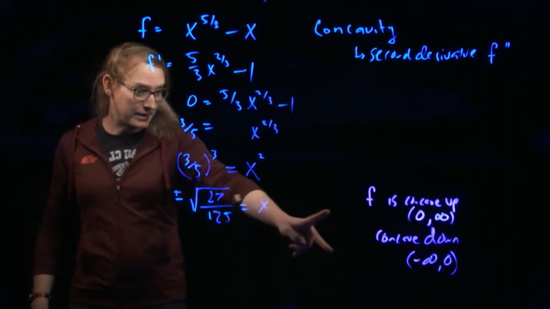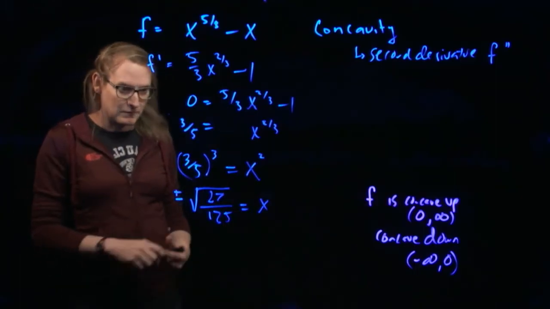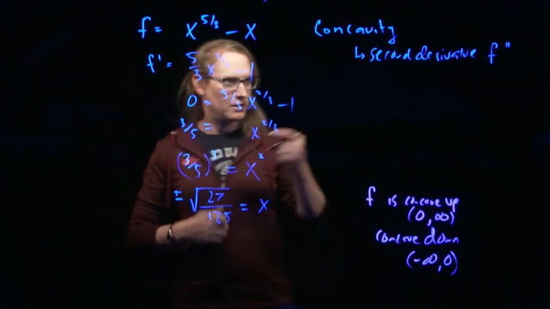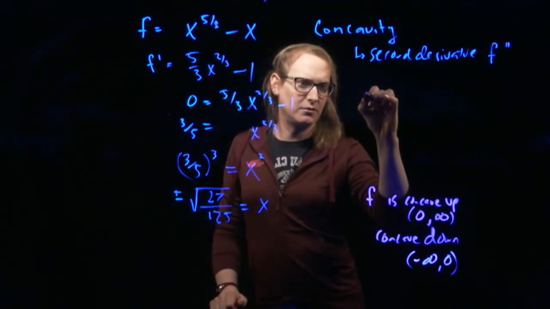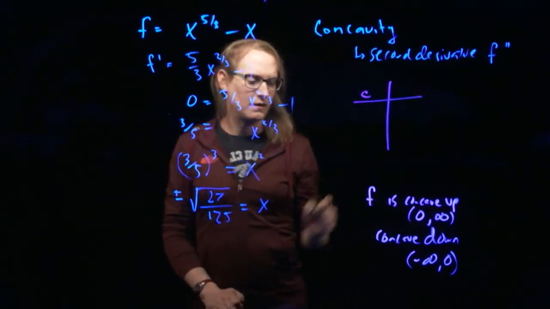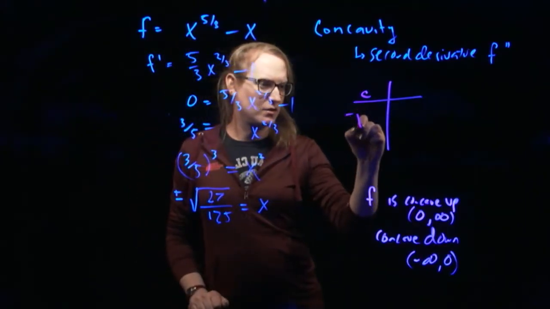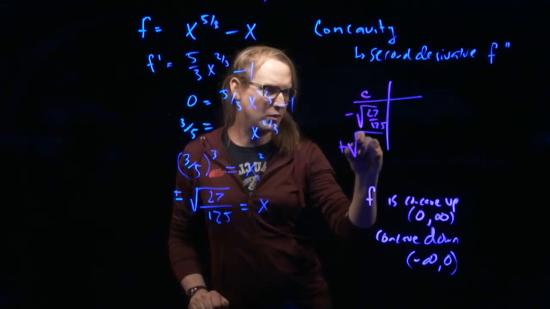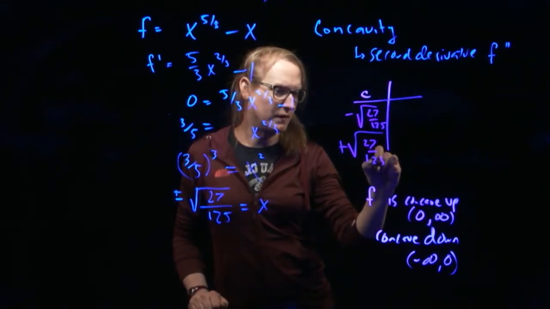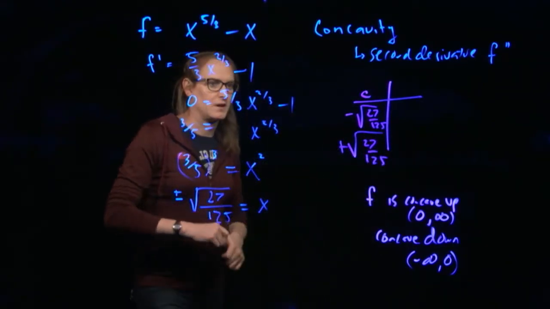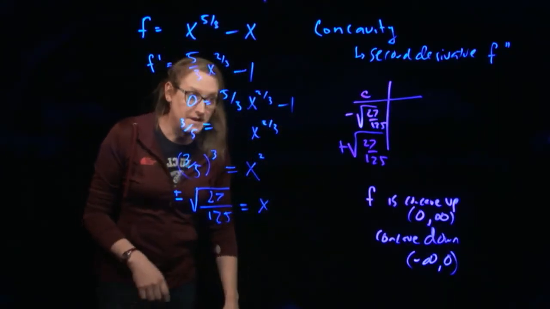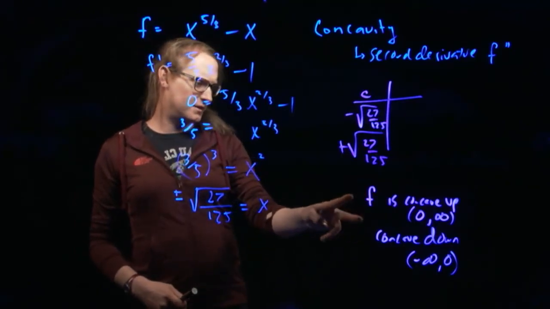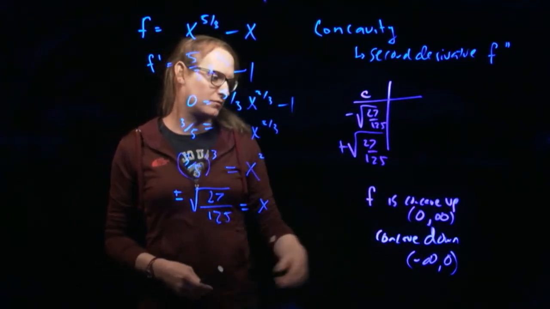We know the concavity there, which is awesome. So let's build ourselves a little table. So let's take our crit value, c, minus root 27 over 125. And then we'll do the positive one, root 27 over 125. So here, at negative root 27 over 125, the function is concave down.